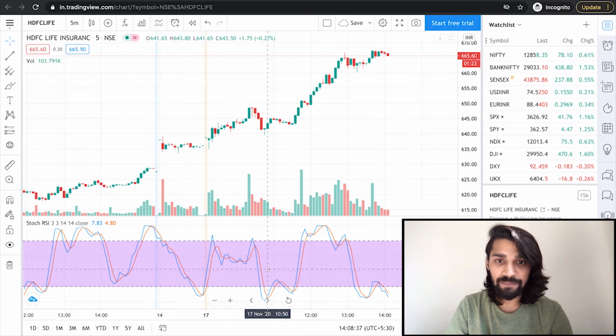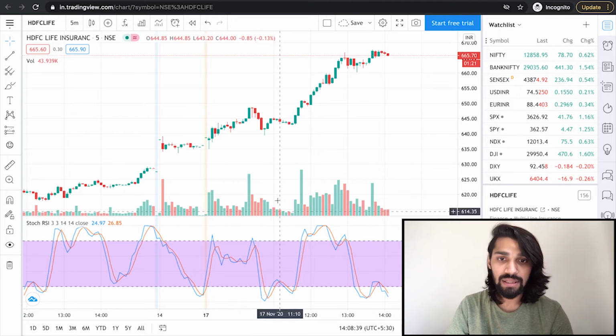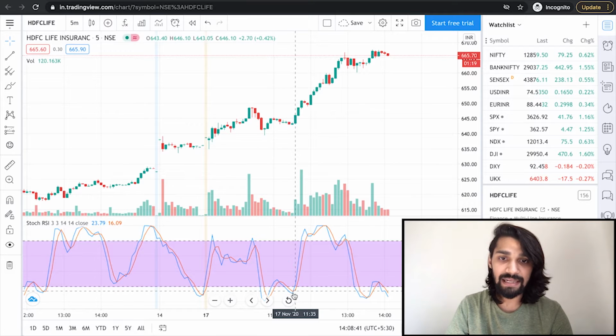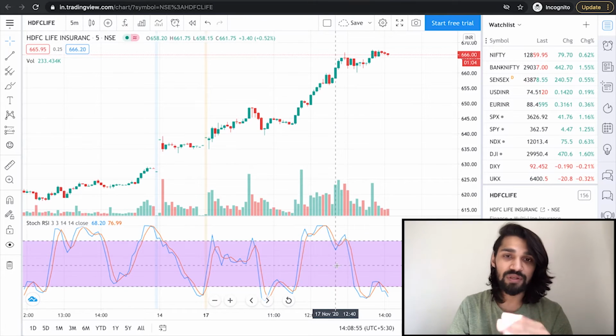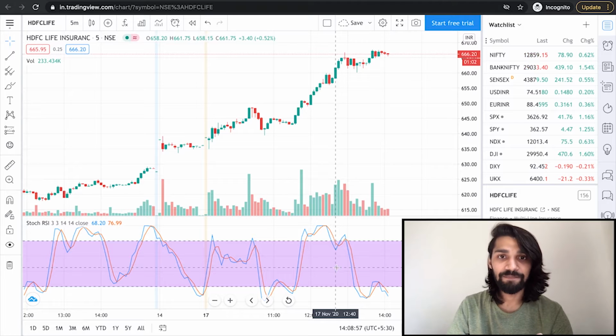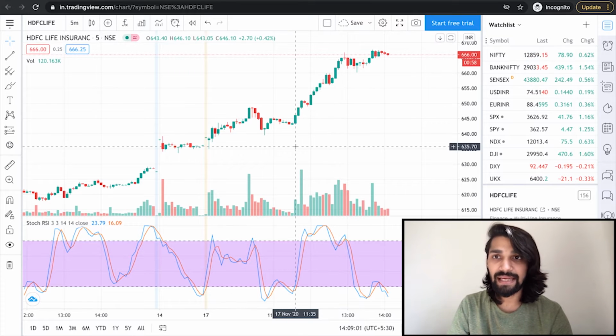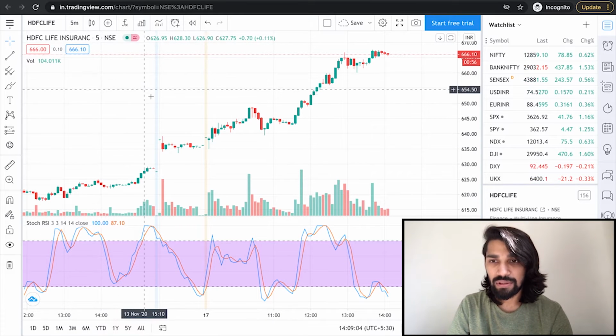Consider the blue line always. If the blue line cuts the red line in an upward direction, it's a buy signal. If the blue line cuts the red line in a downward movement, then it's a sell signal. Very simple.